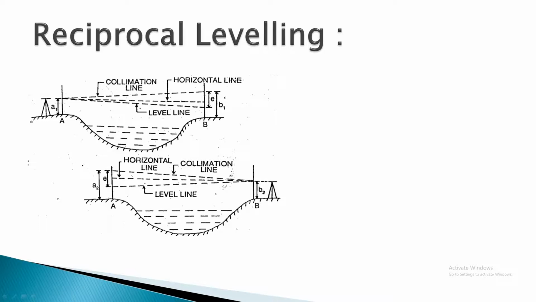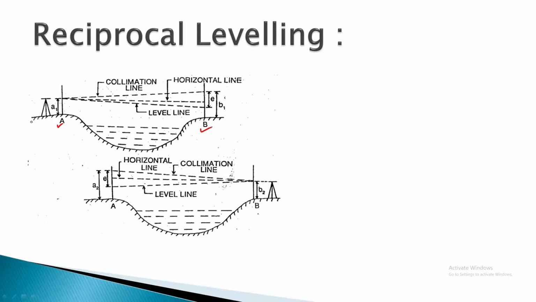So suppose we have point A and point B on the banks of the river. We need to fix the instrument station very near to point A, and take the staff reading near the instrument station, that is A1, and in the opposite corner the staff reading at point B, that is B1.